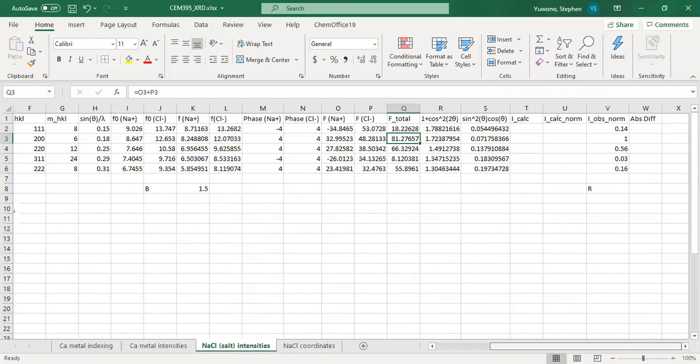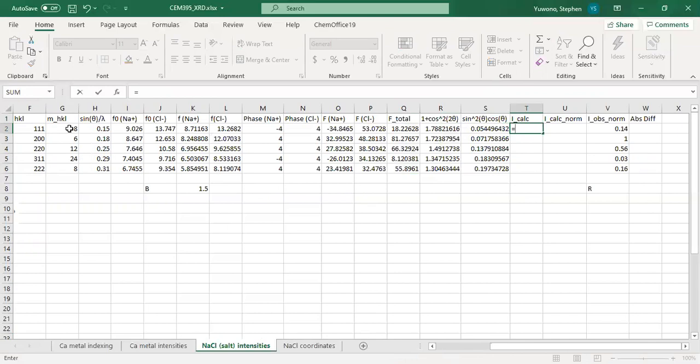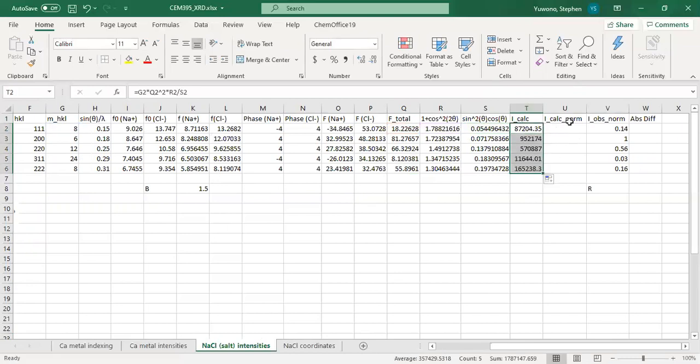And again, that's exactly what's causing some of the peaks to not appear in your Miller indices, in your peak progression, right? So now once you have this F total, the rest of the calculation is going to be the same, where your intensity is just the multiplicity times the F total squared times the numerator divided by the denominator, and you can continue doing the calculation as usual.